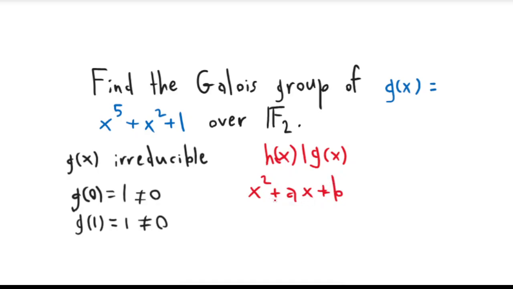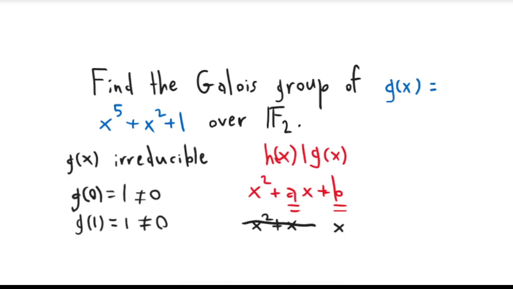Because F2 only has two elements, each of these coefficients can only be 0 or 1. So the only candidates for polynomials here would be x squared plus x. You can immediately see that that's reducible, so that's not going to work.